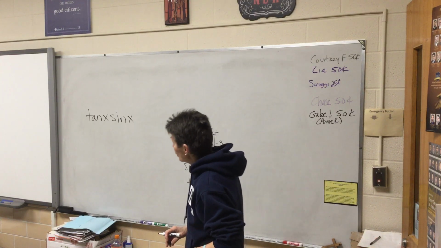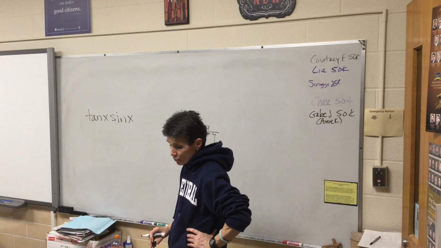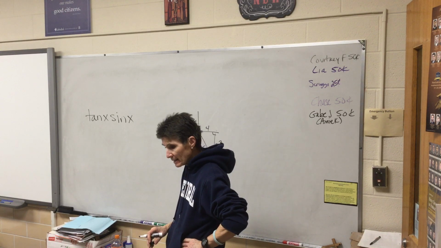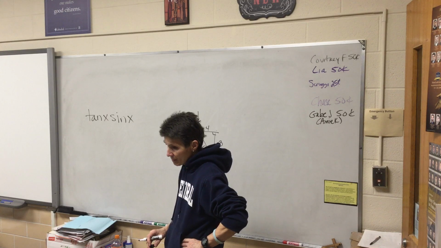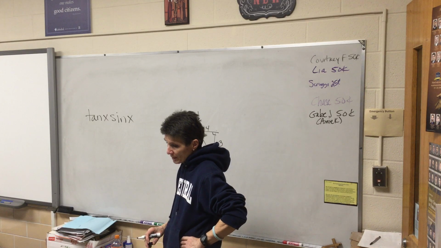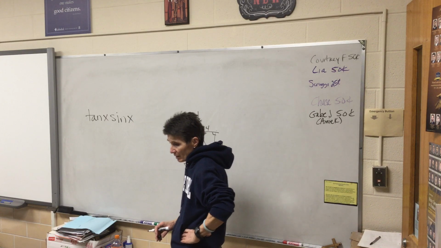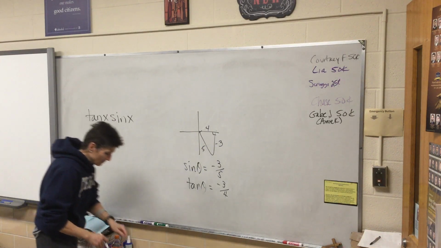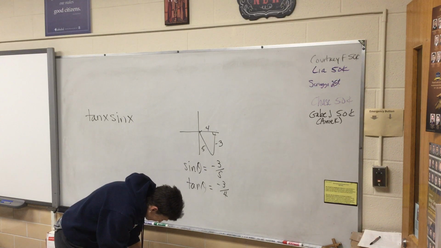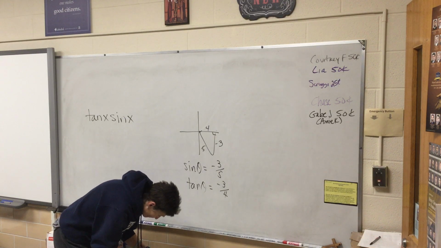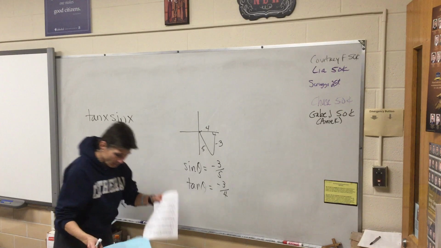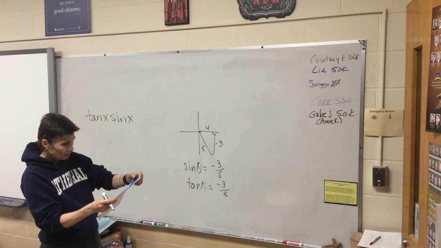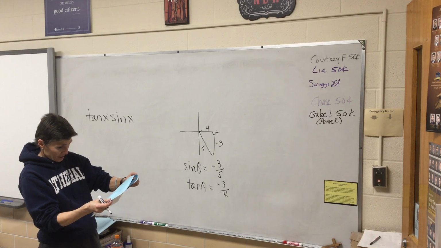Now, if you look at your sheet, you've got some things called the quotient identities. You find them? The quotient identities, there's only a couple of them. And what does one of them say about the tangent? Oh, I didn't label them as quotient identities.